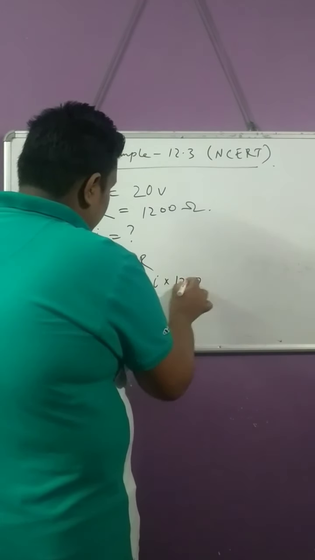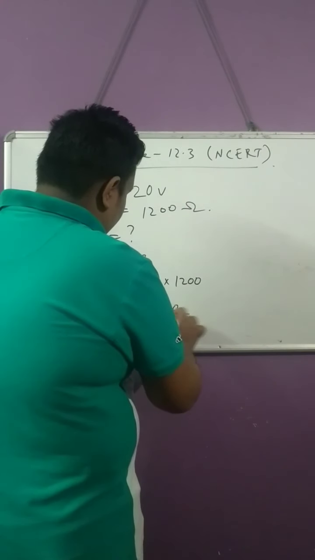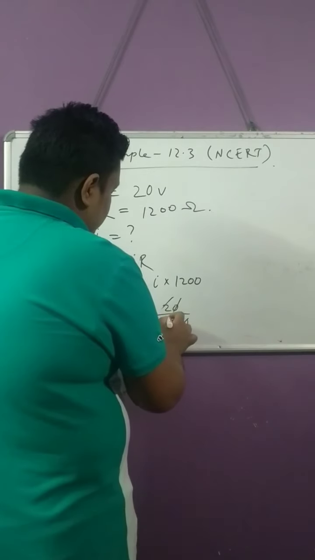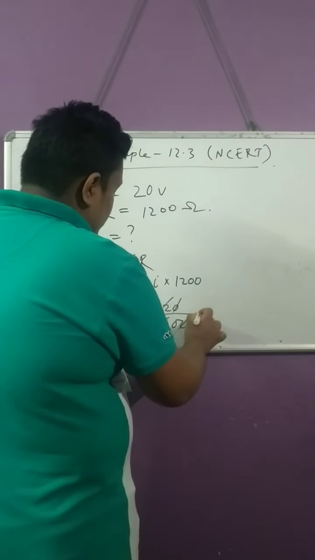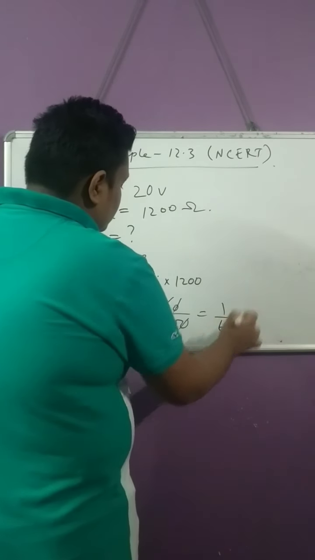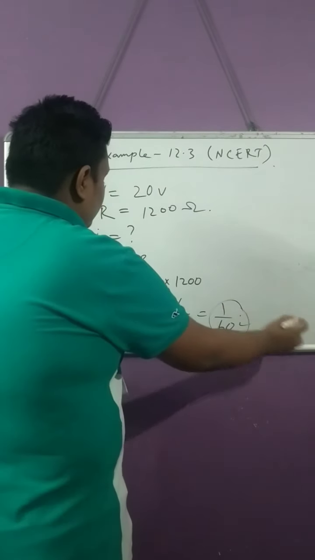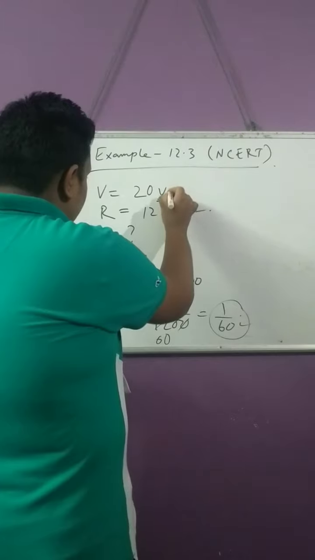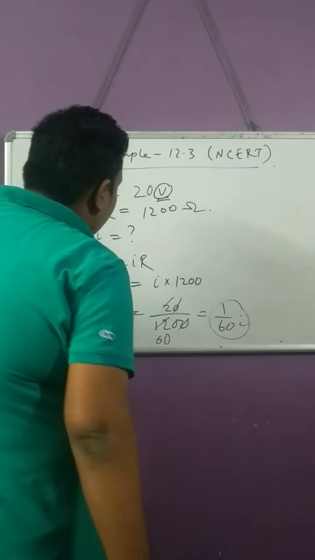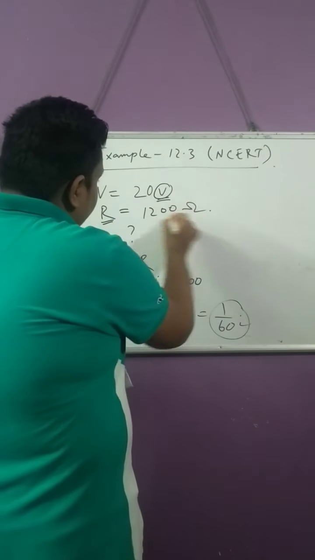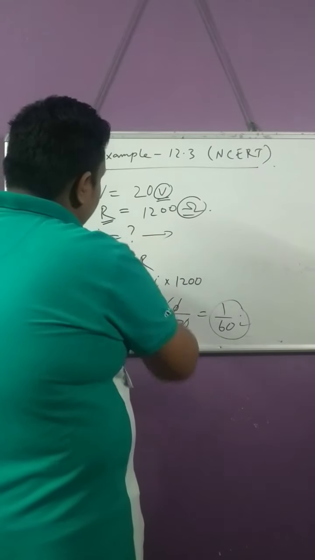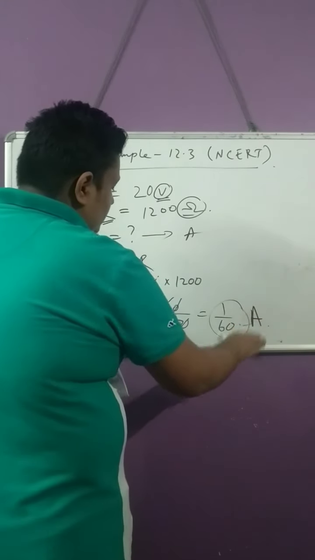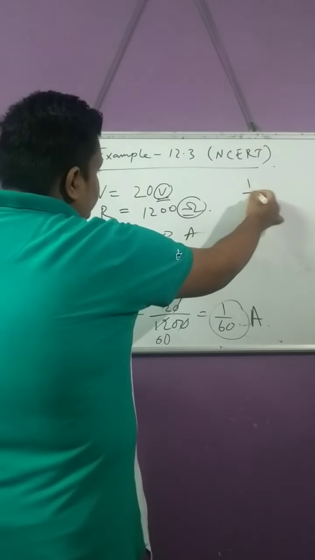So I will be 220 by 1200. Now see, when the unit of potential difference is volt and the unit of resistance is ohm, the unit of current will obviously be ampere.